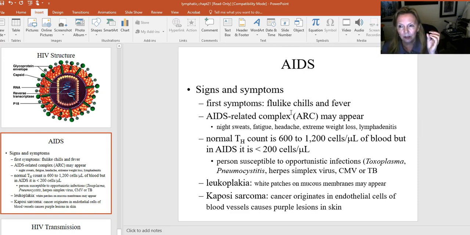There are certain types of sexual encounters that carry a higher risk of transmission. Anytime there are membranes that can be broken and there can be blood transfer, there's going to be a higher risk of transmission. There are also certain demographics where we see the numbers increasing most.